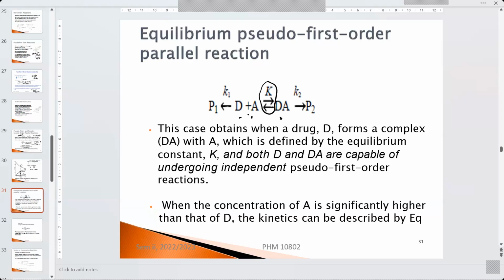This is following first order reaction. And then also there is another parallel reaction where D and A will form product 1. So you can write D plus A. We have two arms. In one of them, they form product 1. The other has a reversible direction. They make a complex DA, and this will form product 2. So you have a parallel reaction, but one of them is a reverse reaction.